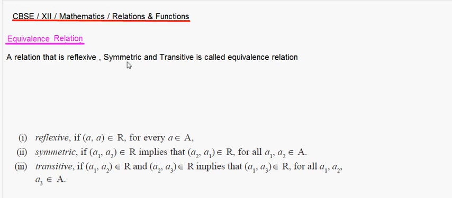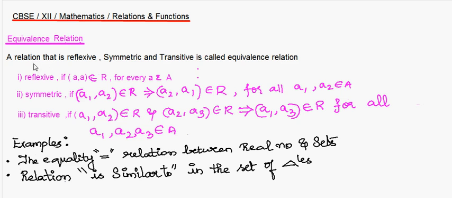Next we will see equivalence property. A relation that is reflexive, symmetric and transitive is called equivalence relation. That means reflexive: if (a, a) belongs to that relation, where a is an element of A, then such a relation is called reflexive. Symmetric means if (a1, a2) belongs to R, this implies (a2, a1) also belongs to that relation, then this is called symmetric.